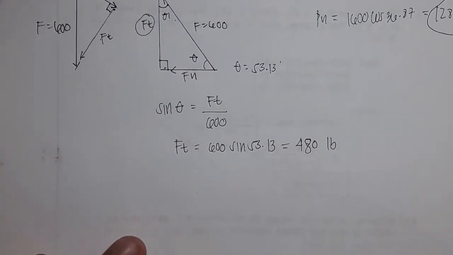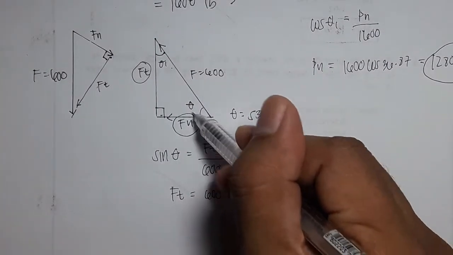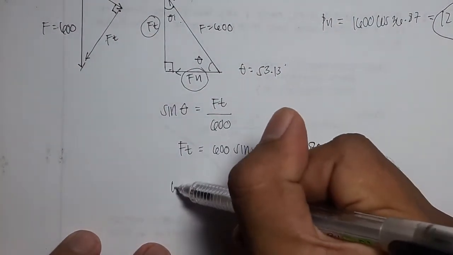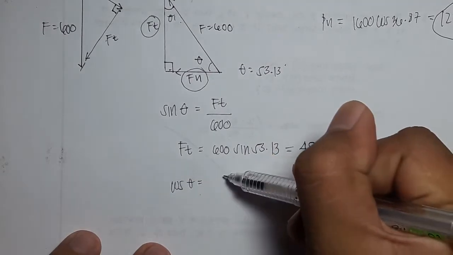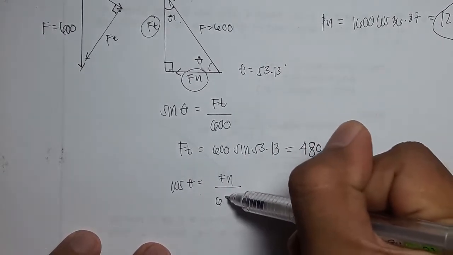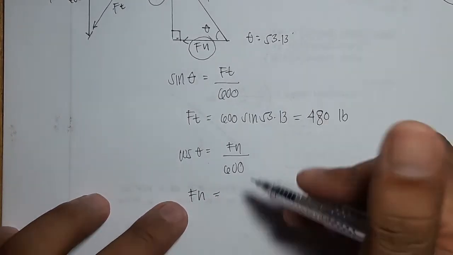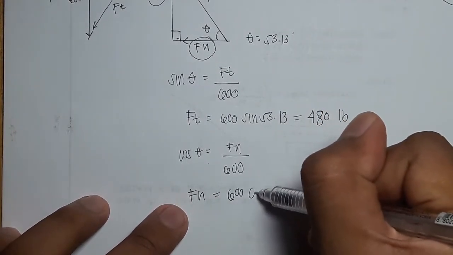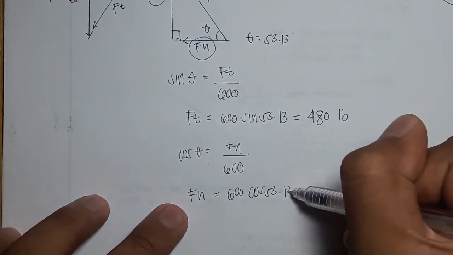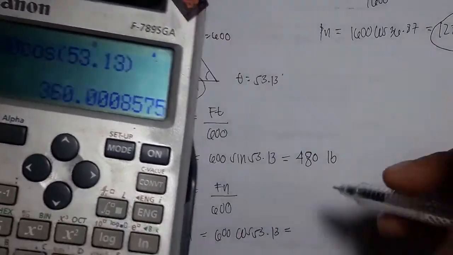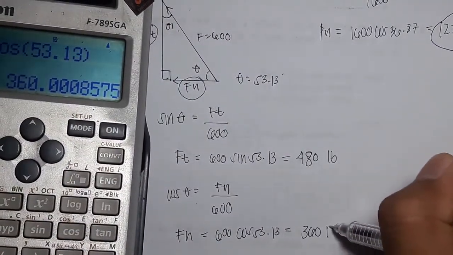So for Fn, still we would like to use the cosine function. So cosine theta equals Fn over 600. So Fn would be 600 cosine 53.13, which is 360 pounds.